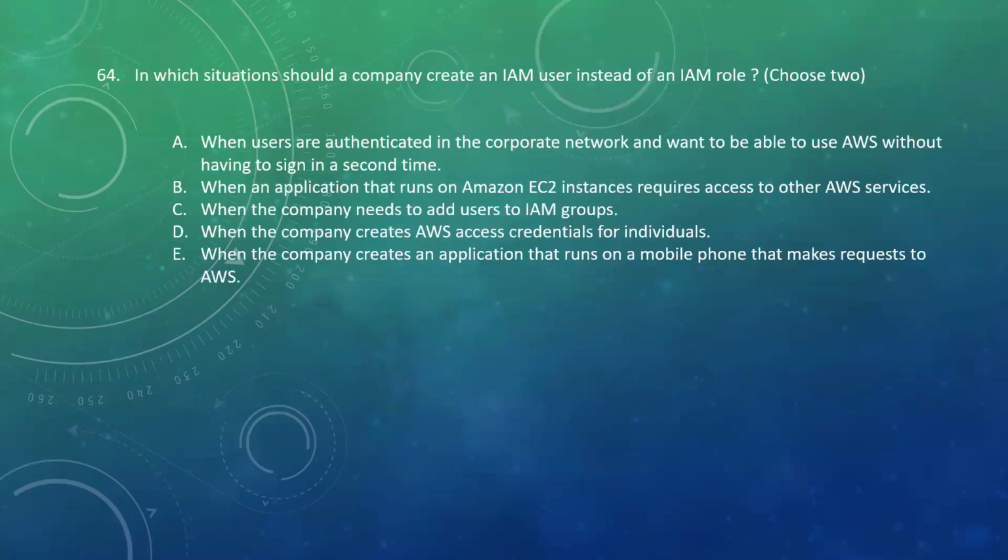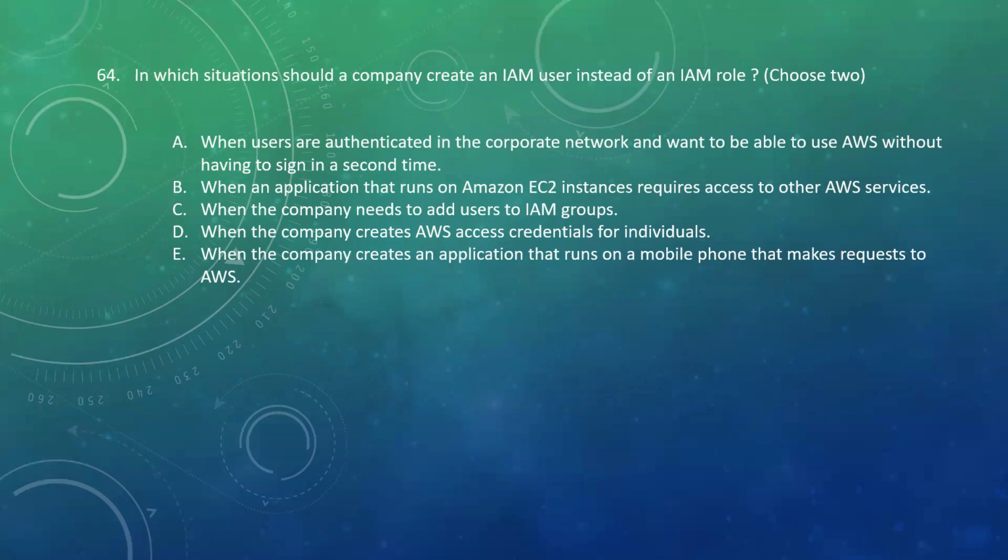Moving on to question 64. In which situations should a company create an IAM user instead of an IAM role? You have to choose two options. Option A, when users are authenticated in the corporate network and want to be able to use AWS without having to sign in a second time. Option B, when an application that runs on Amazon EC2 instances requires access to other services.